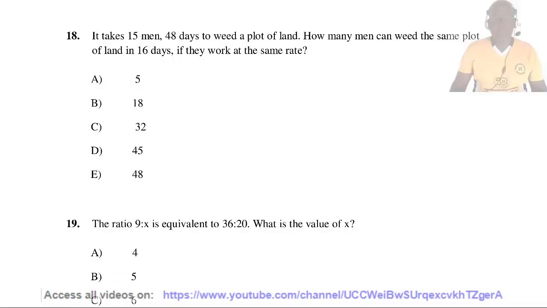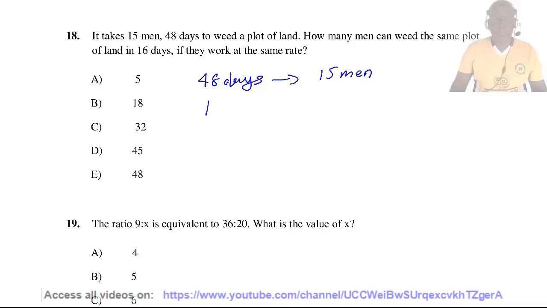Question 18. It takes 15 men 48 days to weed a plot of land. How many men can weed the same plot of land in 16 days if they work at the same rate? 15 men took 48 days to weed the plot, meaning 48 days will correspond with 15 men.